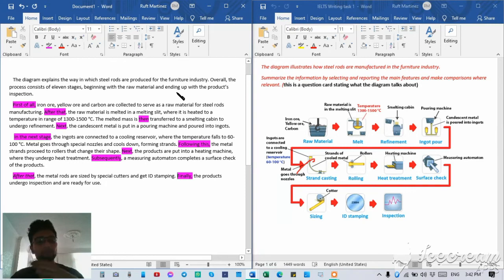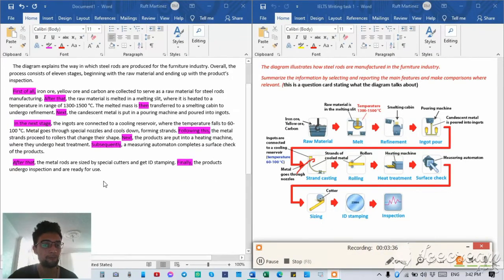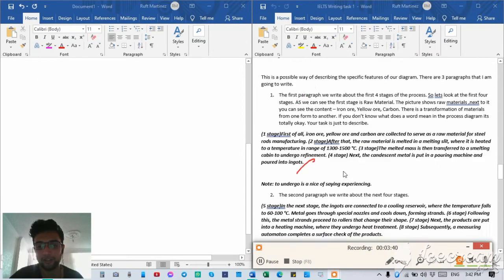But if you want to get a higher score, you have to use connectors for each sentence because it's a process following each other. So you have to know how many following sentences you have used. Here I had different types of connectors.